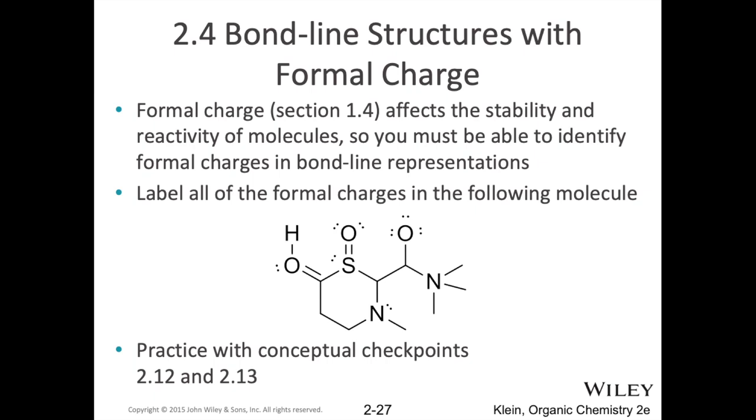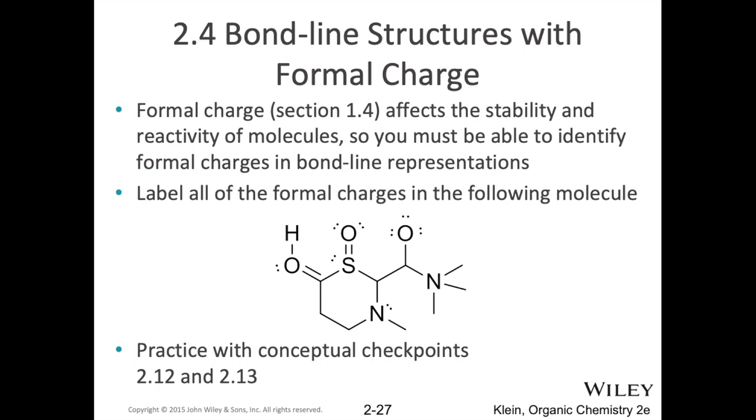All right, so that brings us to drawing atoms with formal charges in our bond line structures. Now, you remember back when we looked at our Lewis structures, we saw that sometimes you have to give atoms formal charges, because if you were to break those bonds homolytically, the number of electrons immediately around that atom might not correspond directly to the number of electrons that your element would have had if it were an atom by itself.